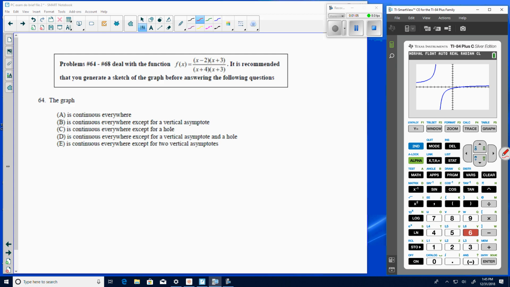First of all, we note that these cancel out, and so that gives us a hole at x is equal to -3. And again, we might be able to see that if we trace and we put -3 in for x, you see there is no y value that's calculated. It doesn't show up as a hole.